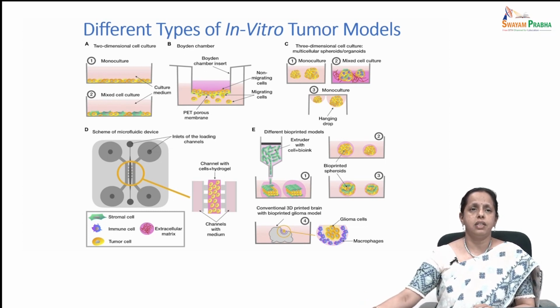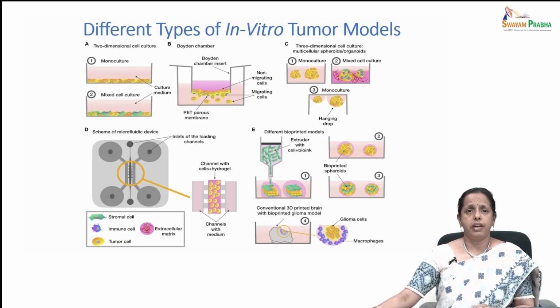As we have clearly seen, monoculture is a single type, and here we can have a mixed culture, with a Boyden chamber insert, where the two different cell types are separated by a culture insert, and there is exchange of nutrients because they all share the same medium over here.